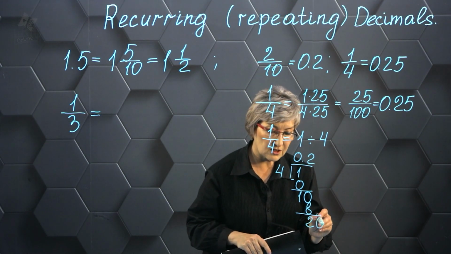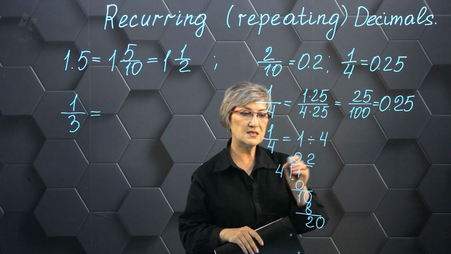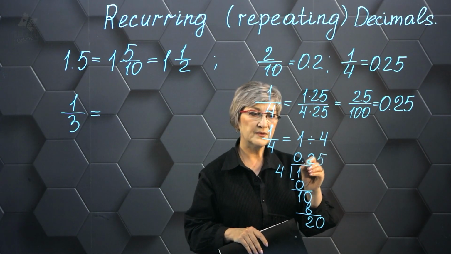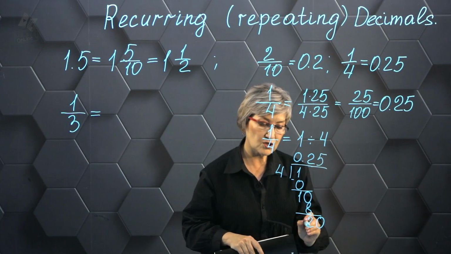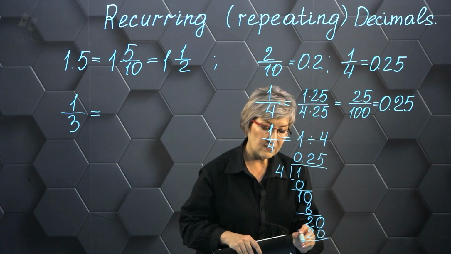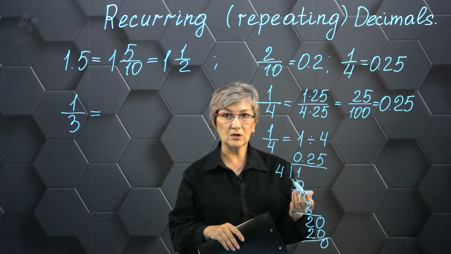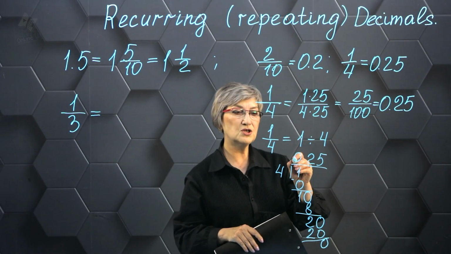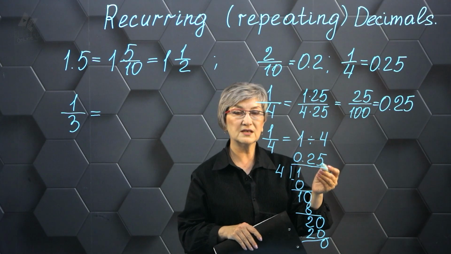I can add another 0. 20 divided by 4 is 5. So 5 times 4 is 20. And the remainder is 0. The result is 0.25.